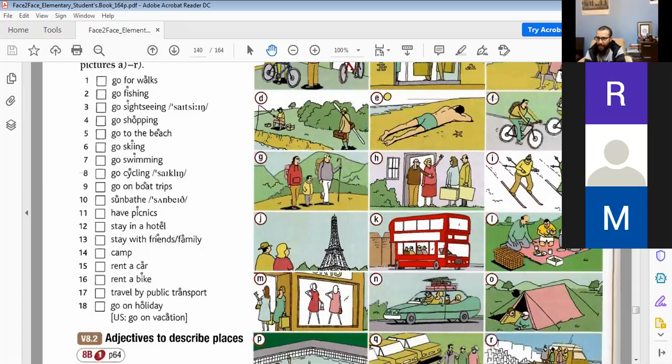So this is picnic. Do we have picnics in Libya? Do people have picnics like this, like in the photo? Yes, we like to do. Do you have nice parks where you can have picnics? Or in the farm, maybe? There's a park near the sea.